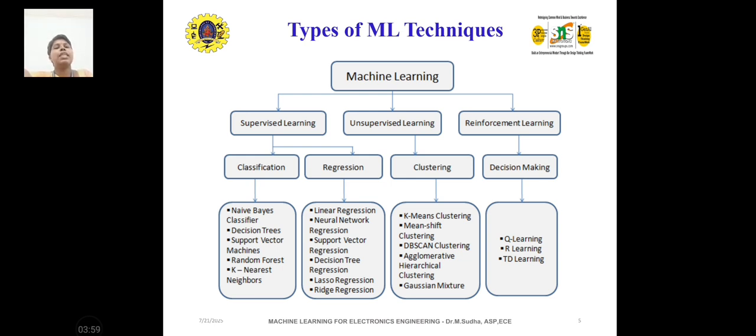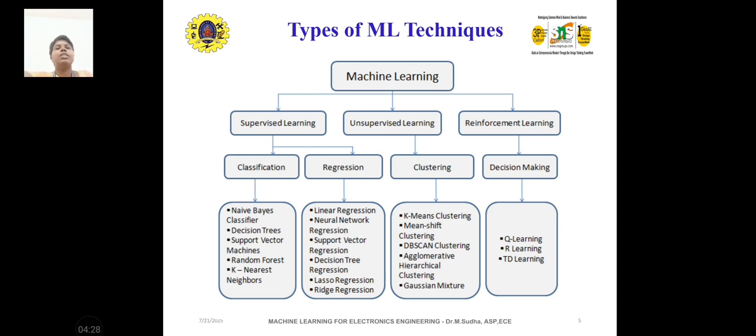Unsupervised learning is the clustering process. So what is meant by clustering? A group of things, or a group of systems or group of people, is called clustering. And these are the algorithms used for the clustering process: K means algorithm, mean shift clustering, DBSCAN clustering, agglomerative clustering, hierarchical clustering, and Gaussian mixture.